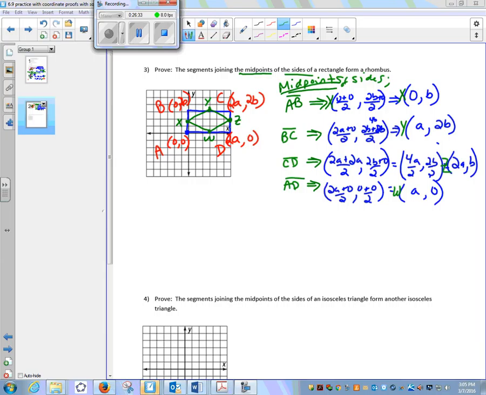So how are we going to prove something is a rhombus? You got to think about what's special about a rhombus. Okay, so first we're going to have to show that it's a parallelogram. To show that it's a parallelogram, diagonals bisect each other, you said. So what formula will that be?